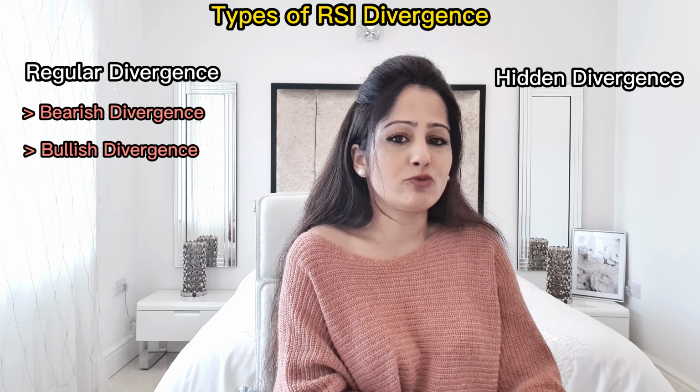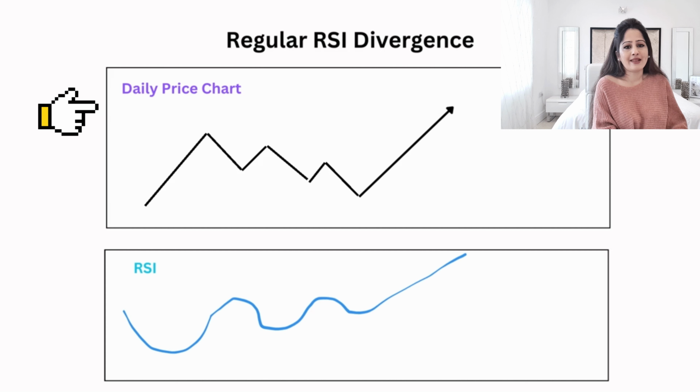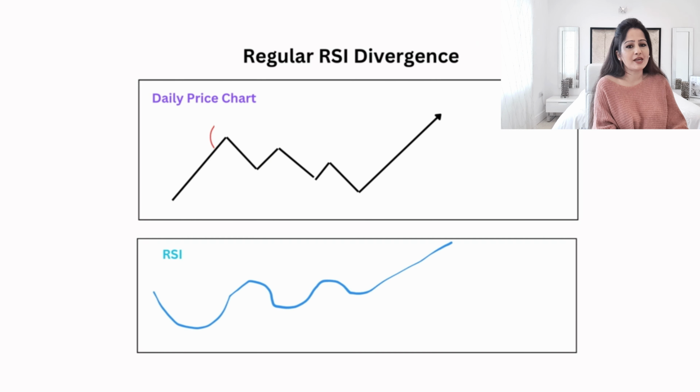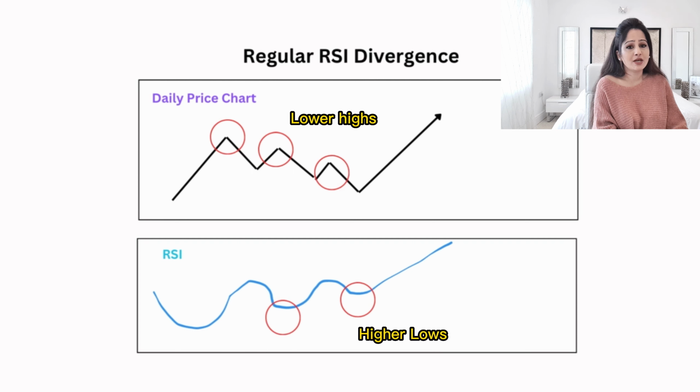Let's look at some chart patterns. Now, here is the price chart, and this is RSI. Notice how the price is moving downwards, making lower lows, while the RSI is moving in the opposite direction, making higher lows, suggesting the momentum to the upside is starting to build up. This is a bullish regular divergence.